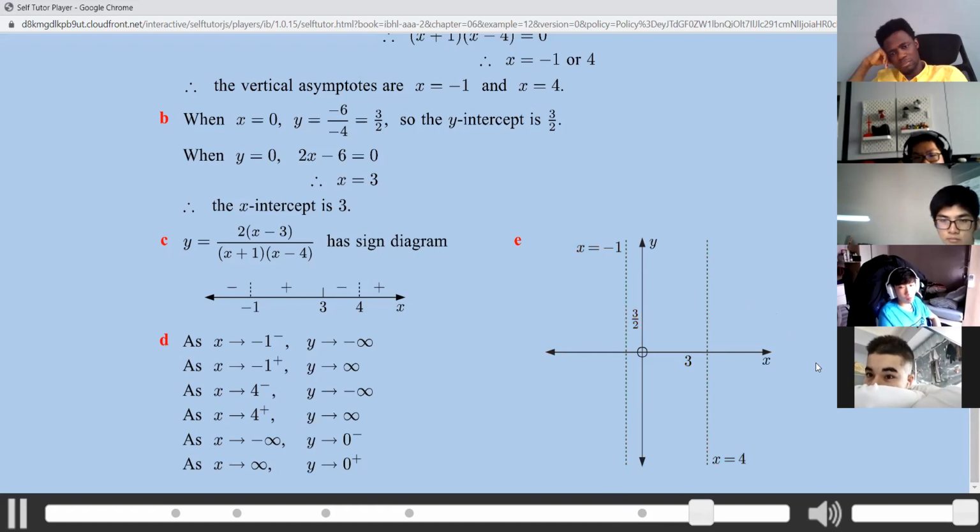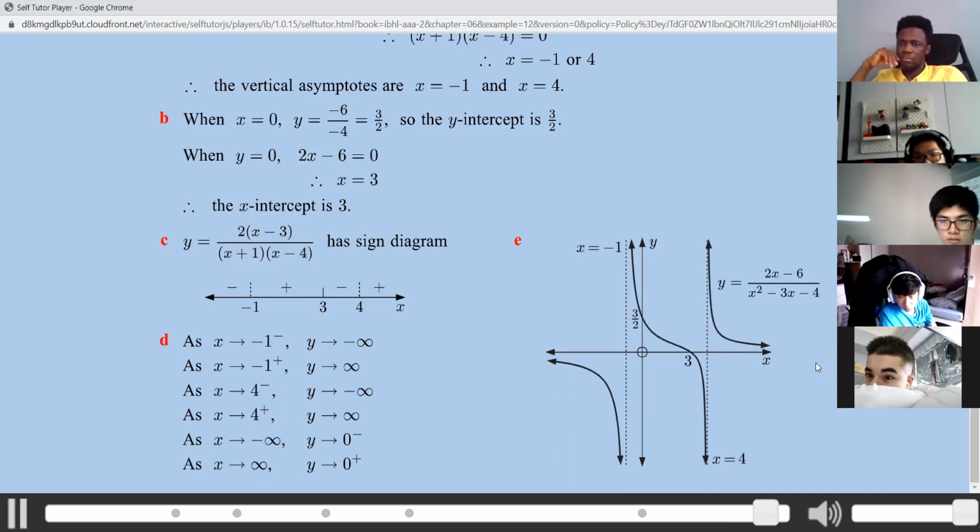We next mark what happens near the asymptotes, either side of x equals -1, either side of x equals 4, and as x tends to -infinity and +infinity. We can now connect this information using 3 smooth curves. Remember that a graph can never cross a vertical asymptote, so the graph must have 3 separate branches.